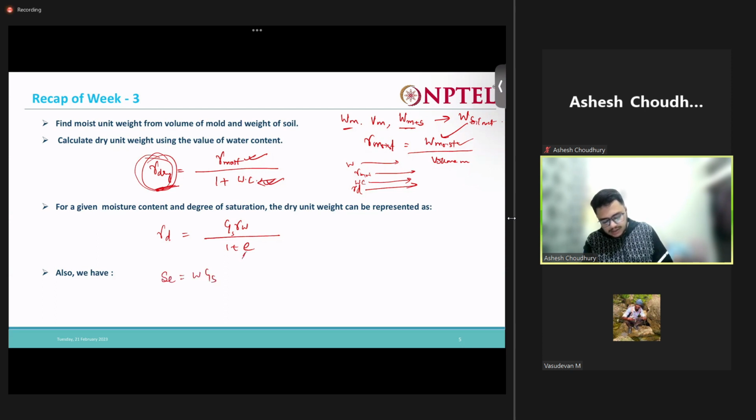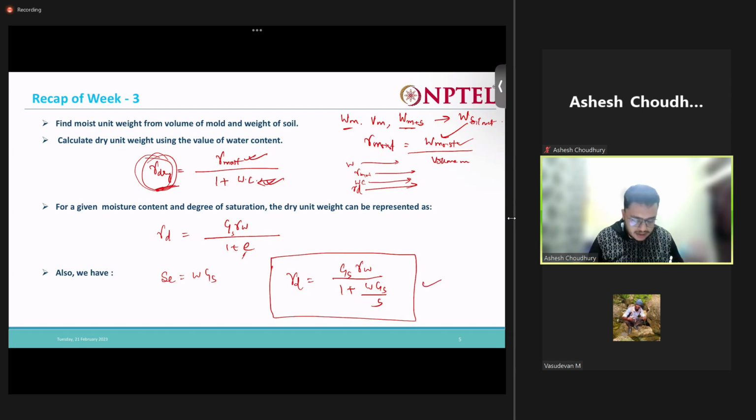So if we replace this e here, we can write that gamma d is equal to Gs gamma w by 1 plus w Gs by S. This is also one important relation we can get, where for a particular state of saturation we can find out the dry density of that soil, right?